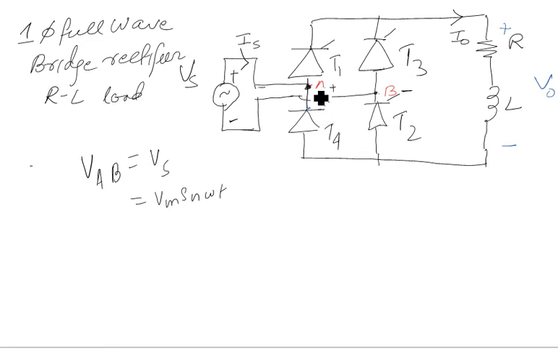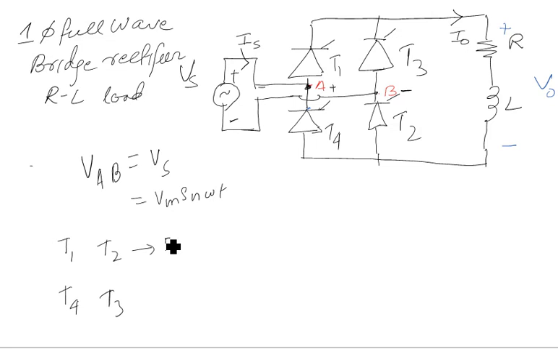Because of the potential, in the first leg, T1 and T4, T1 will be forward biased and T4 will be reverse biased. Since B has a negative potential, T2 will be forward biased and T3 will be reverse biased.